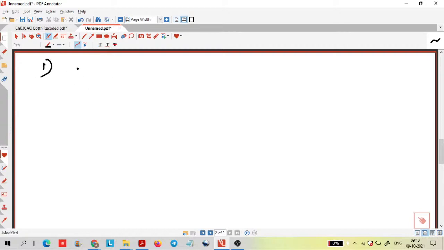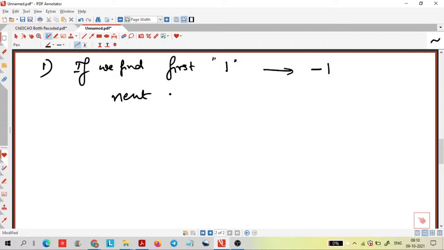The first case is that if we find the first 1 in a string, then write it as -1, and for the next 0, meaning if we get the same after the 1, then write it as 0.